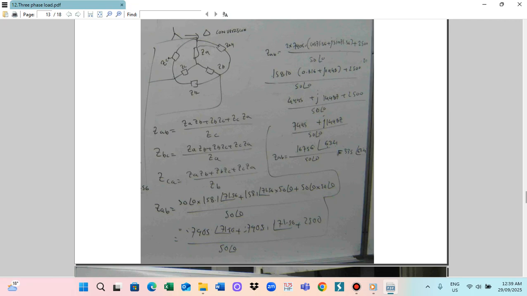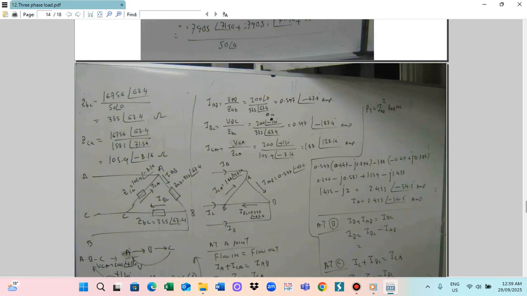Divided by 50 angle 0. So the numerator: 15810 multiplied by 0.316 gives 5000, and 15810 multiplied by 0.948 gives 15000, plus 2500, divided by 50 angle 0.